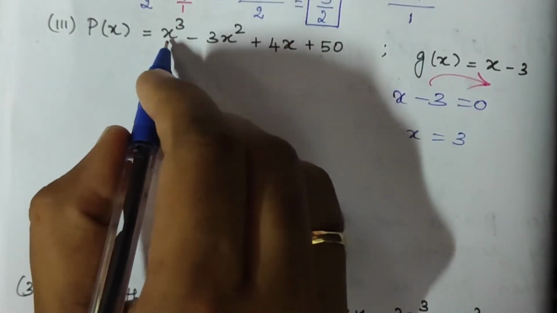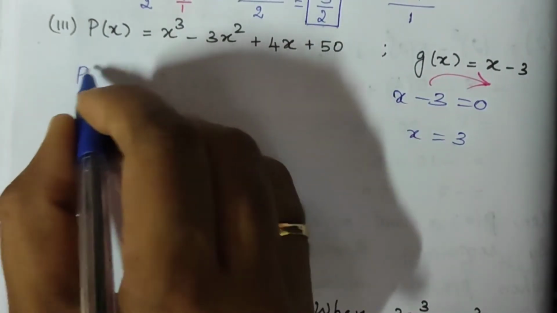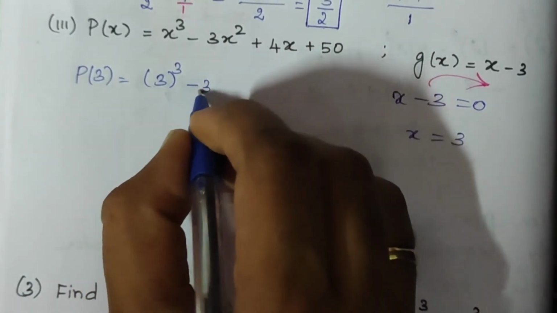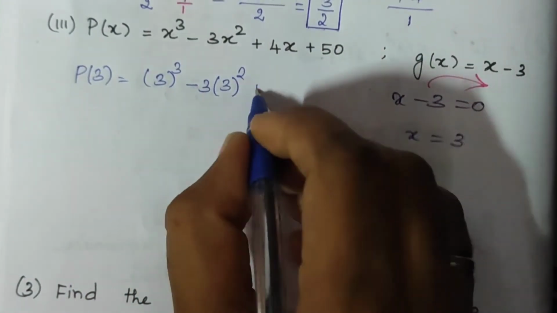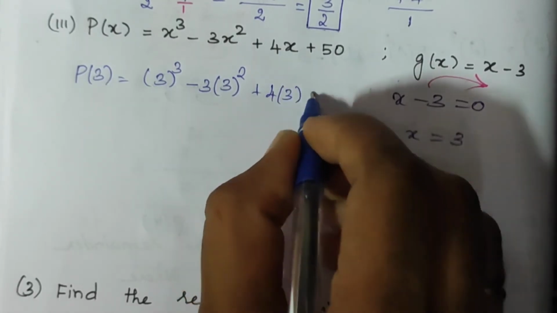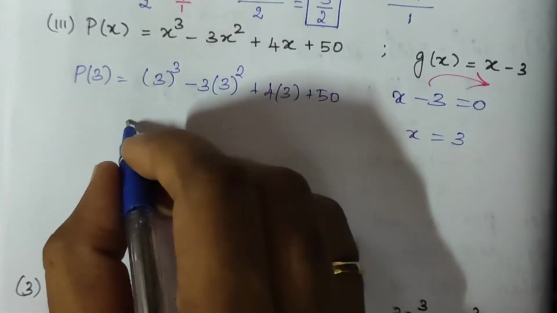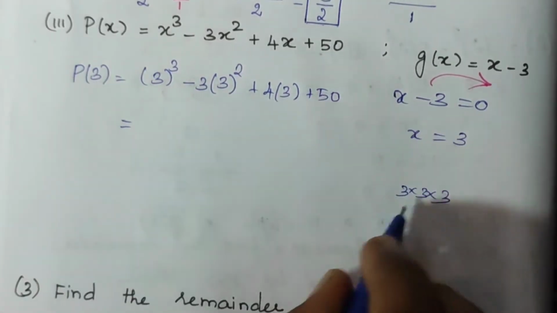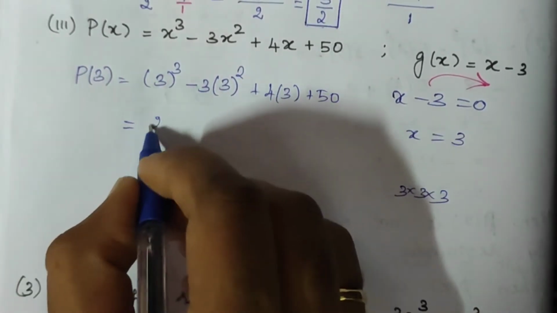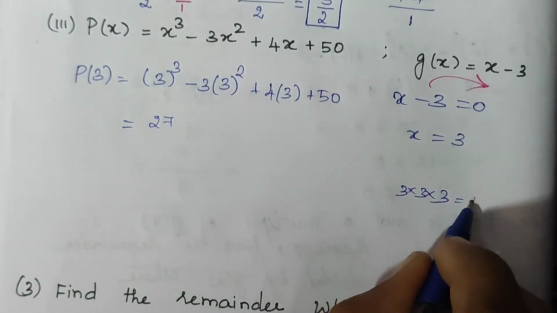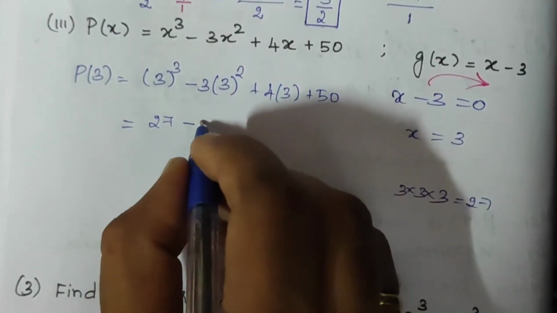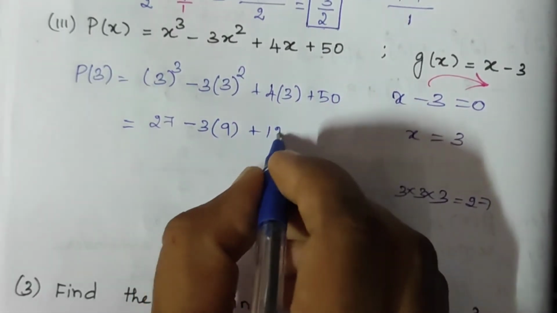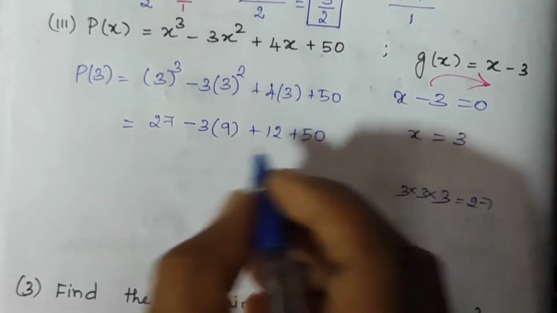Again, substitute 3 in the place of x, so p of 3 is equal to 3 cube minus 3 into 3 square plus 4 into 3 plus 50. So 3 into 3 into 3 is 3 3s are 9, 9 3s are 27, minus 3 into 3 square is 9, plus 4 3s are 12, plus 50.